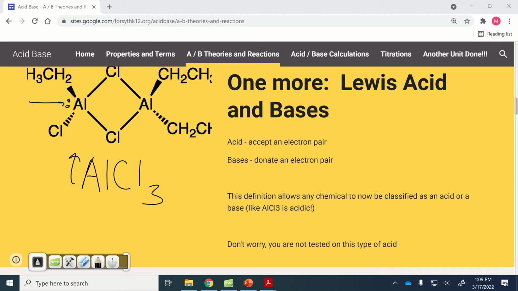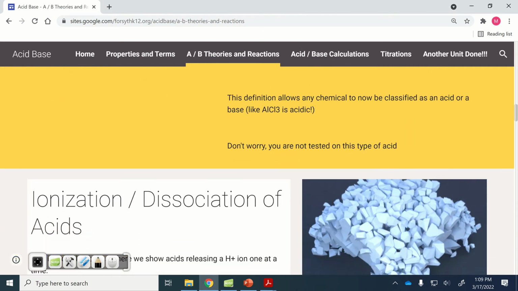It's able to accept a pair of electrons in between its bonds, and therefore it would be considered an acid. Okay, it'll create an acidic solution where I could put litmus paper in it, and guess what? It will turn red or pink. All right. But like I said, I don't necessarily test on that. It's something worthwhile to at least know, because you'll see that moving higher up in chemistry.